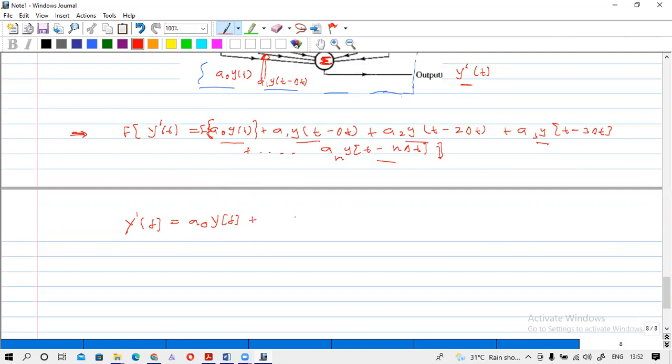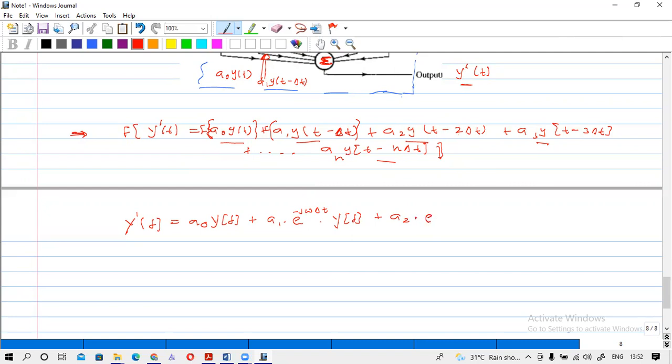Plus here a1. Now I find the Fourier transform of this term. a1 I can take out because it is a constant. Now I have to find the Fourier transform of y(t minus delta t). You know that this is time shifting, so using the time shifting property, we can write it as e to the power minus j omega delta t Y(F), plus this a2 term, which is shifted by 2 delta t.